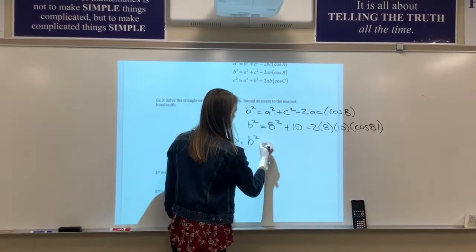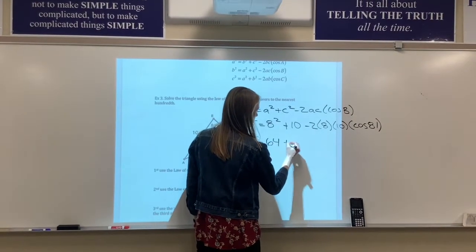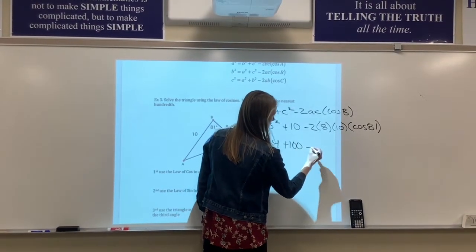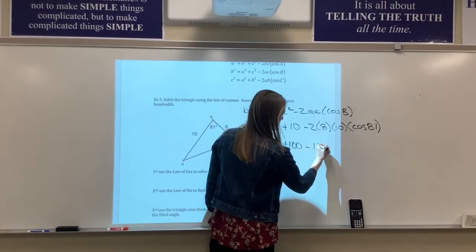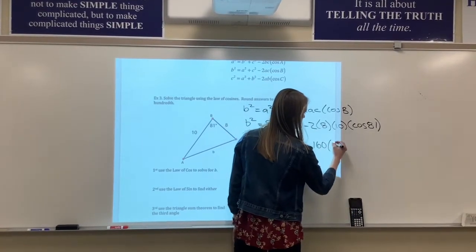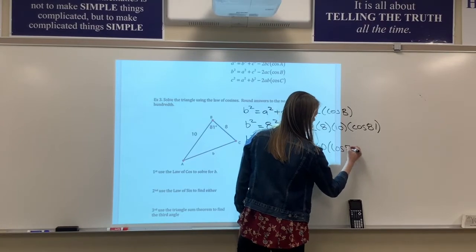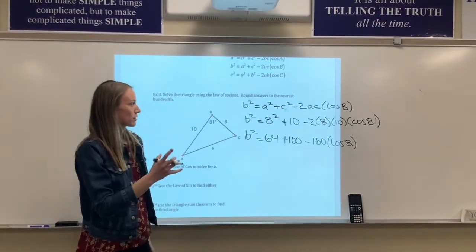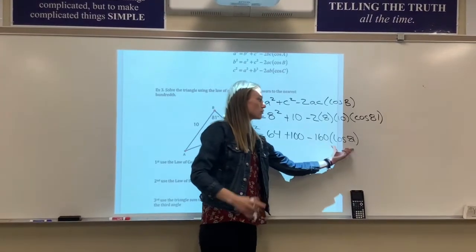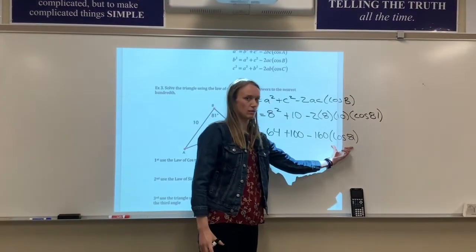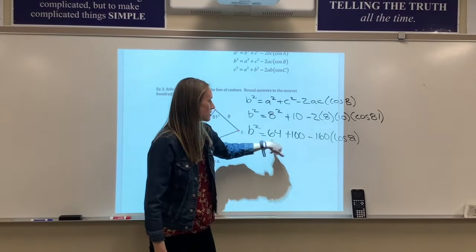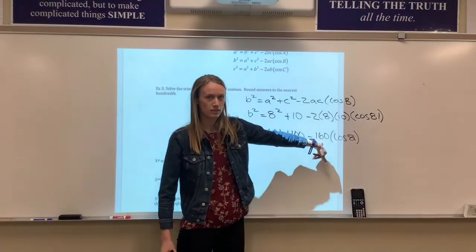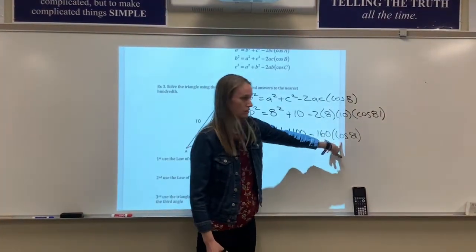So you get b squared equals 64 plus 100 minus 160 times cosine 81. An important thing to remember as you're going through these is that the 160 is multiplied by the cosine of 81. You can't add these together, so 164 and then subtract 160, because this is its own unit.